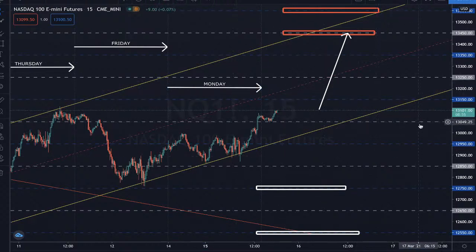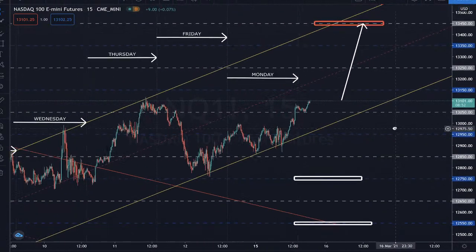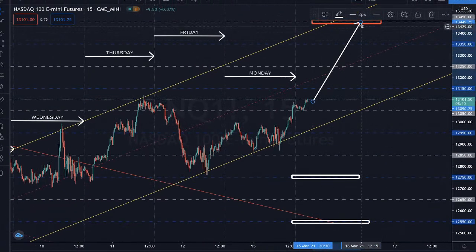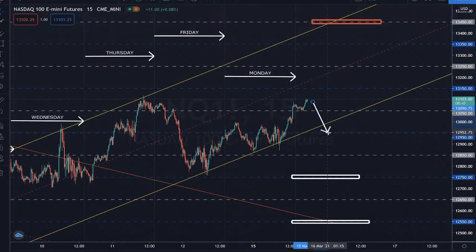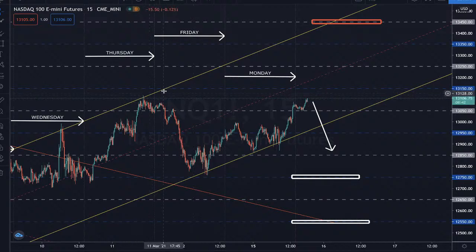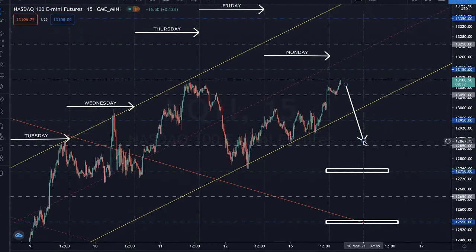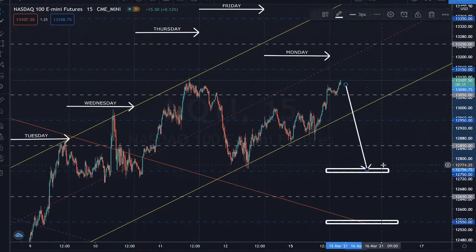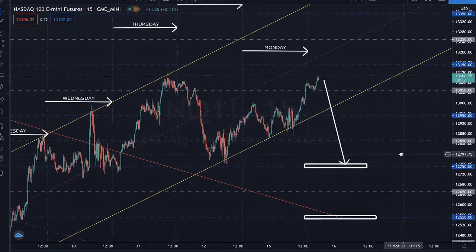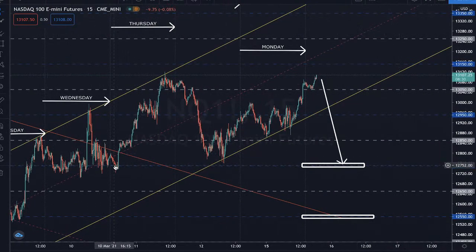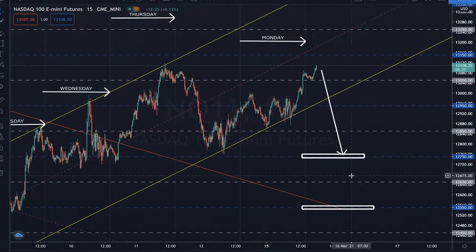That's just my point. Now let's look at what happens if we do not respect this channel, and let's say we just dump right from this level of resistance that we are currently at. I'm going to be looking to enter long at this area right here, the 12,750, which is our previous support. As you can see here, we didn't quite get to that level last time, but if we dump from here, I'm pretty sure we're going to retest this level.